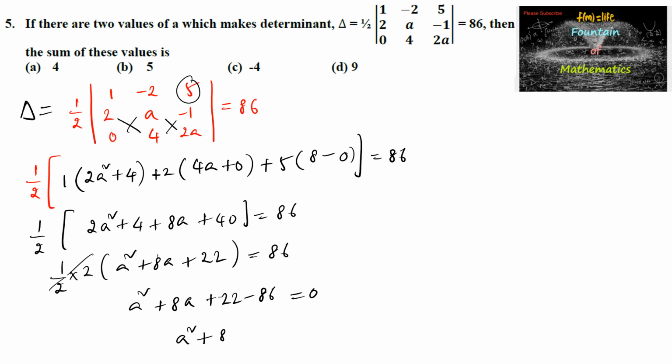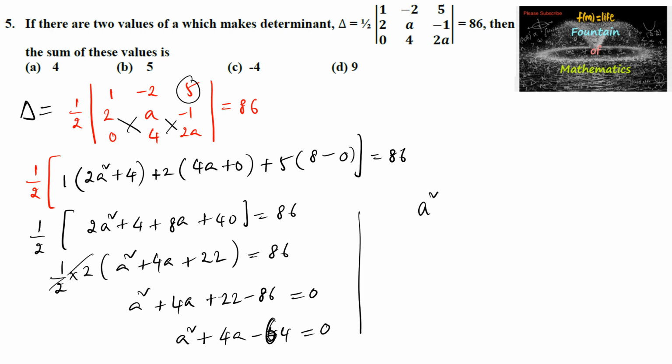So here it is, sorry, 4 times, you'll get 4 here. Here it is 8, and when 2 is taken common, it is 4. So A square plus 4A, and here it comes minus 44, sorry, 64, which is equal to 0.